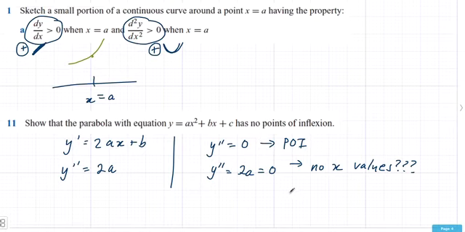So there are going to be no values of x where this is 0. Your second derivative is never going to be 0, because there's no x's there. So that's why there are no points of inflection.